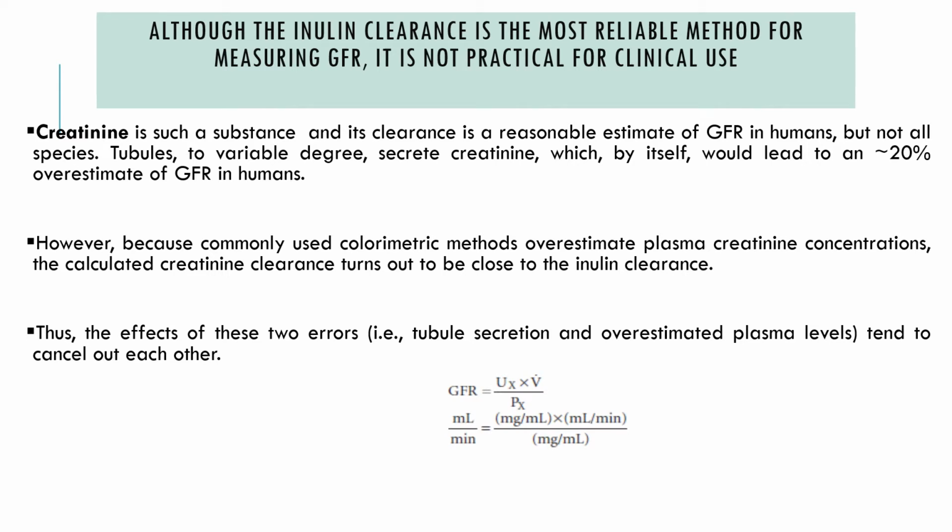From this equation we can say that GFR is expressed by the amount excreted, that is urine concentration and urine flow rate, divided by plasma concentration. As creatinine is secreted by the tubules, this value is a bit high.